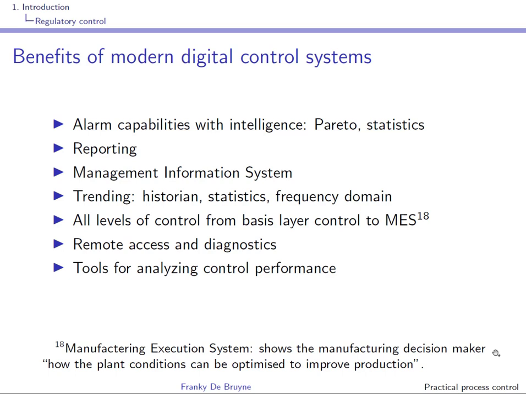There is a management information system, capabilities for reporting and trending, computation of statistics in the time and frequency domain. So for instance, you could associate with each reel of paper that is produced a report that gives you the quality indices, for instance grammage and moisture over the production time of the reel, with statistics as average, standard deviation, and so on.